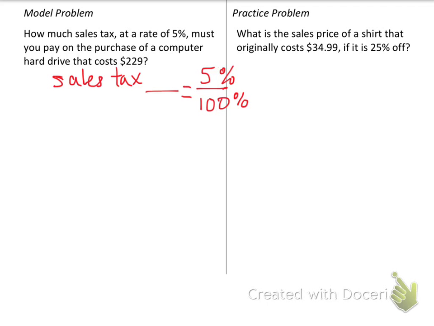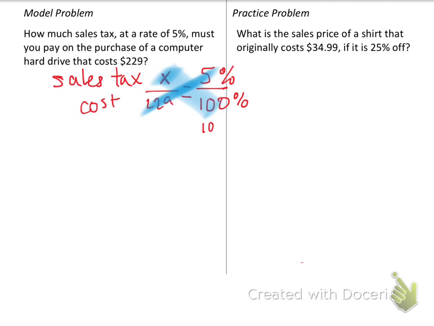So I don't actually know my real sales tax. I know the percentage, but I don't know this number right here, which is the money. But I do know that the total cost of the item is $229. So we cross multiply.